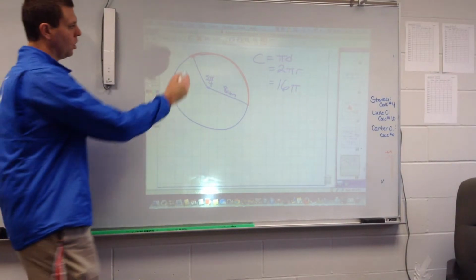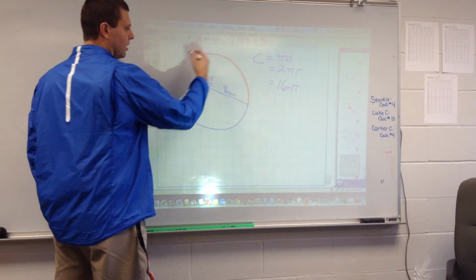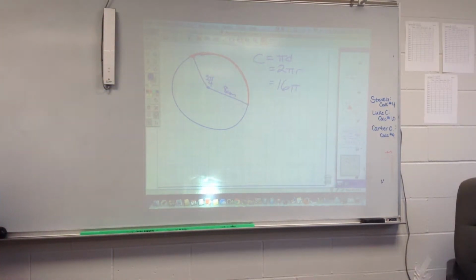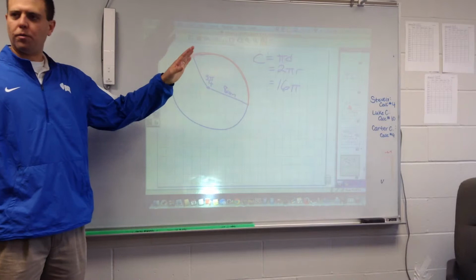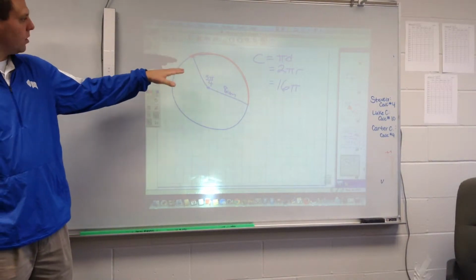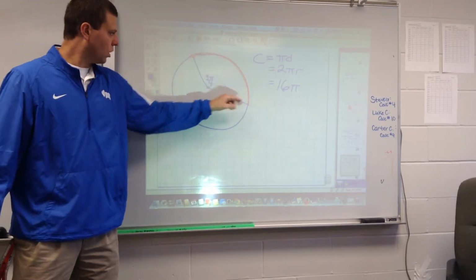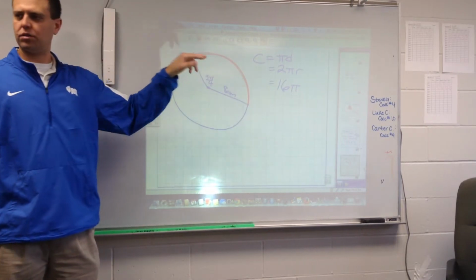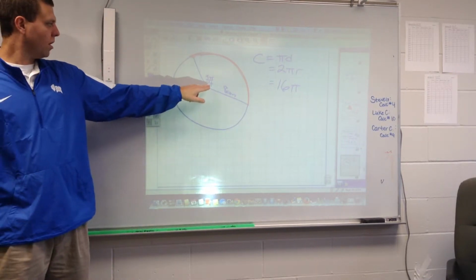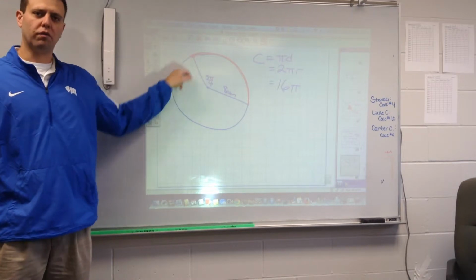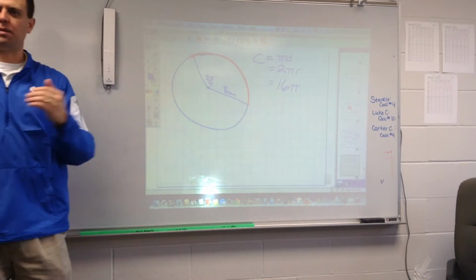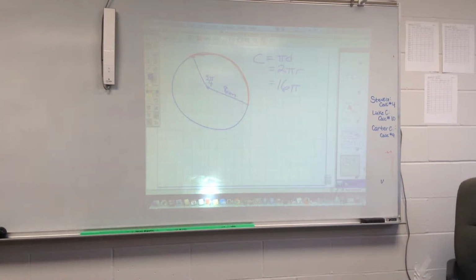I want to know what part of the circumference that is. Well, the ratio of this over the entire circumference would be the same ratio as this over 2 pi. It's the same fraction. Okay?